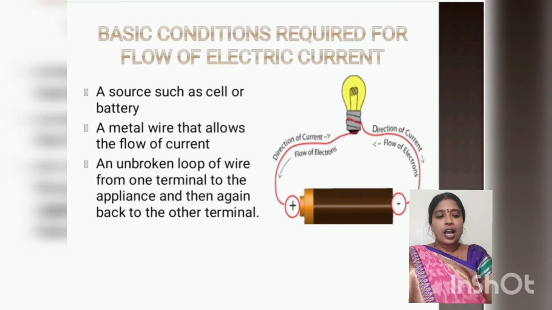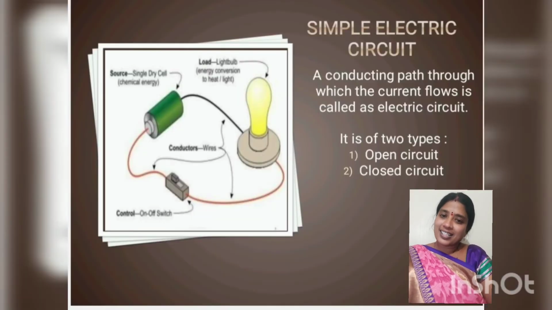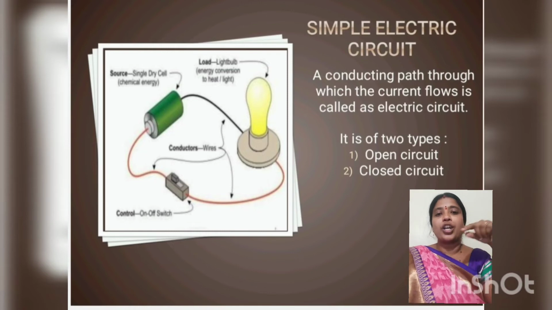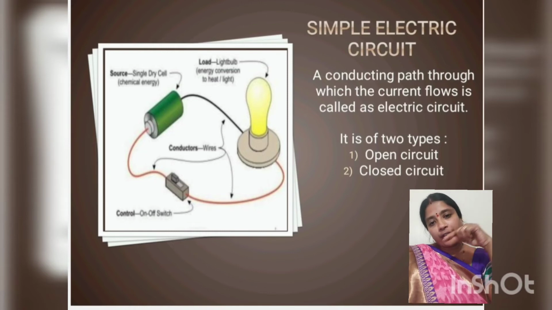Now the next topic is electric circuit. So let us understand what is electric circuit. A conducting path through which the current flows is known as an electric circuit. In the previous topic I told you that you need two wires, one connected from one end of the cell to the bulb and the other end of the cell also to the bulb.